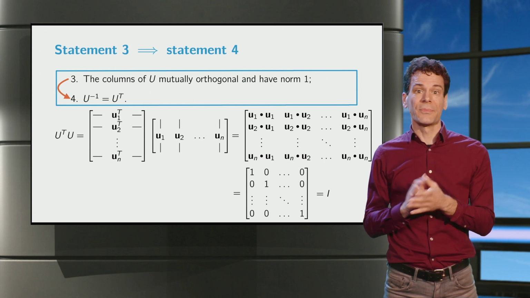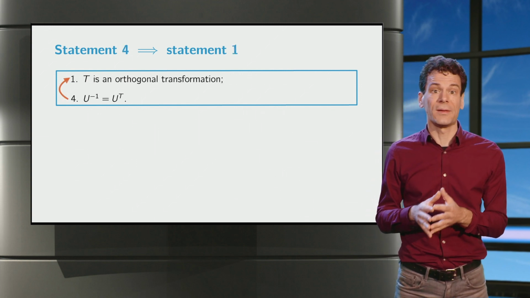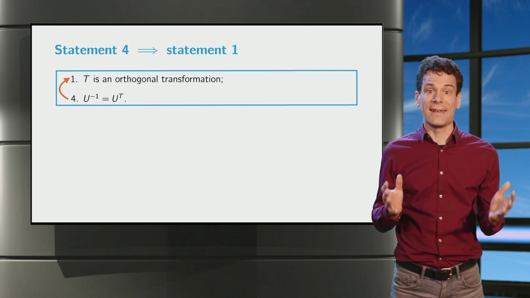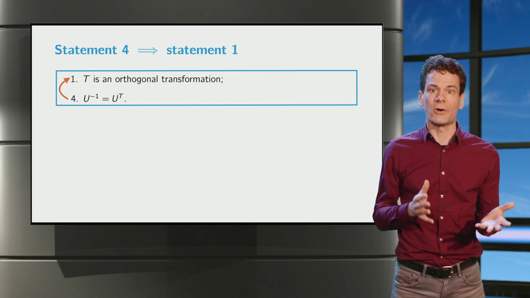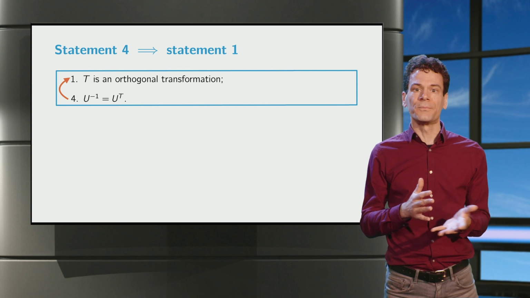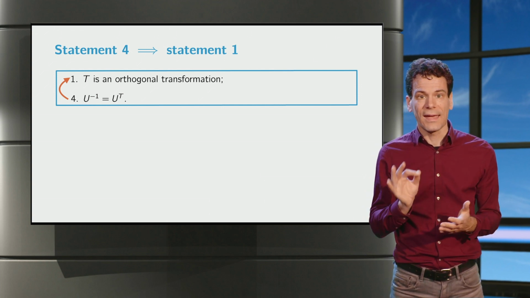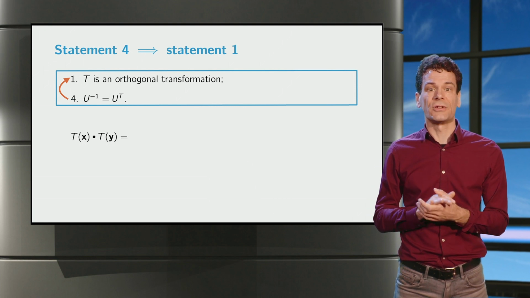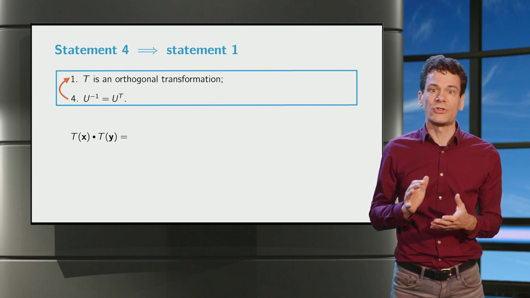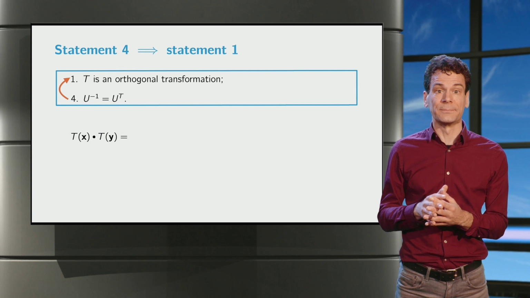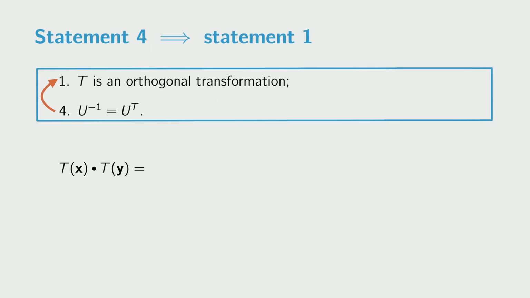Now the last step. I will show that statement 4 implies statement 1. That is, if the inverse and transpose of the standard matrix are equal, then the transformation must be orthogonal. Indeed, let's look at Tx dot Ty. I have to show that this is equal to x dot y. We can rewrite it using the standard matrix U. Then we can rewrite the dot product using transposition.